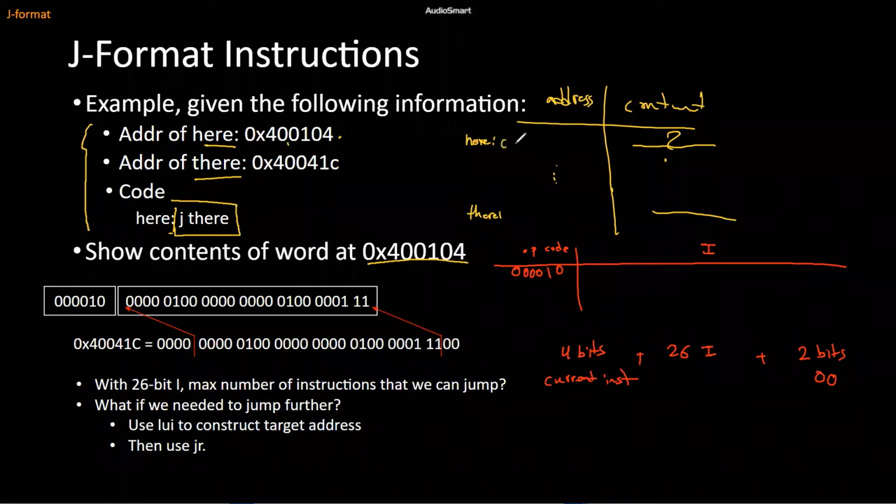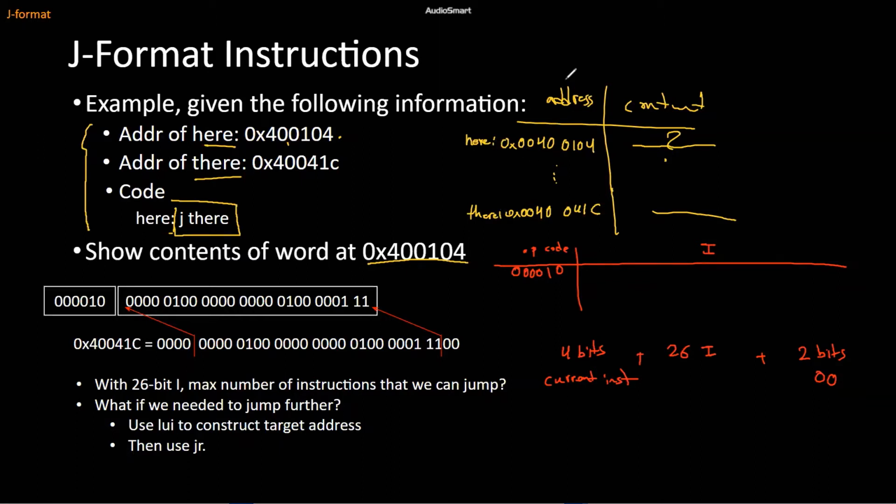Here we have 0040 0104. That's for here, and there we have 0040 041C. So if I have this jump from this location, I want to jump there.